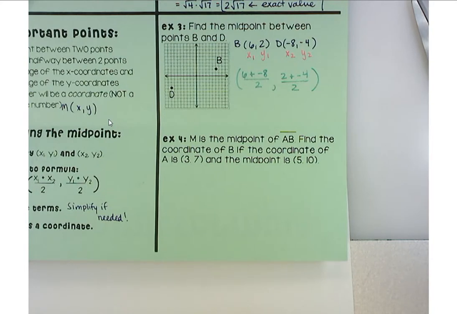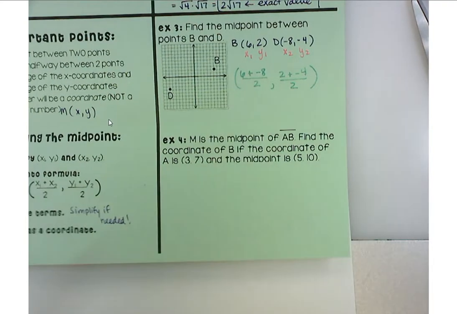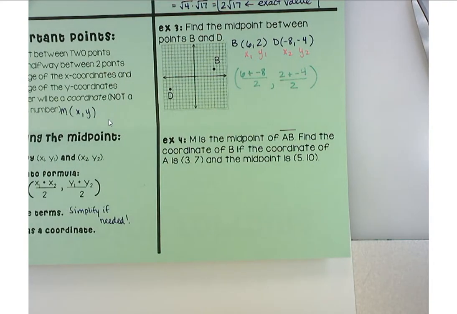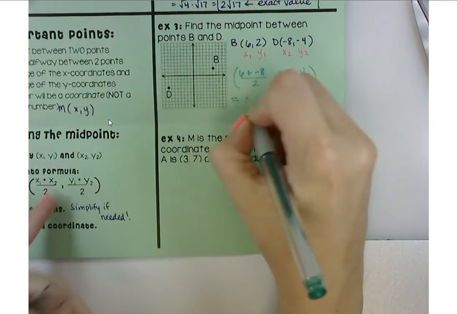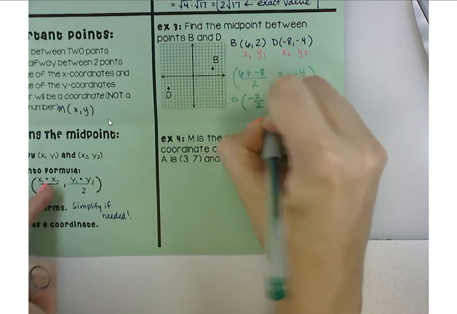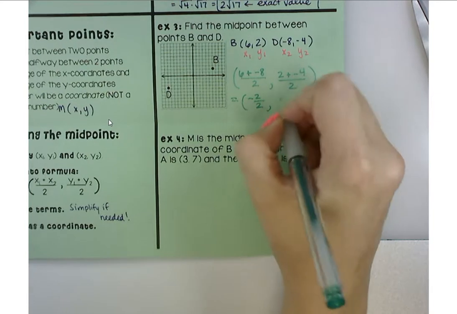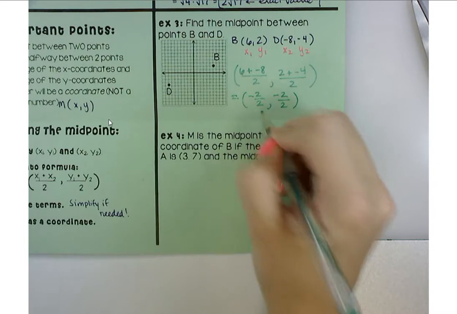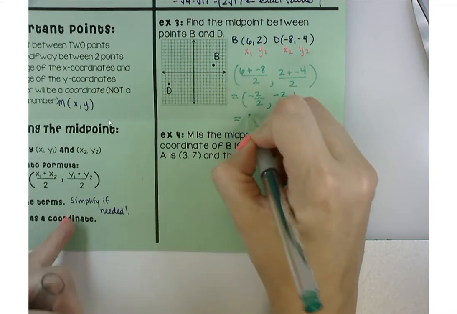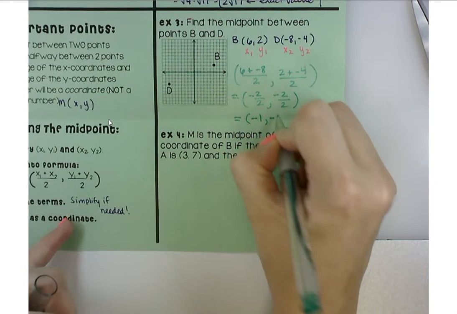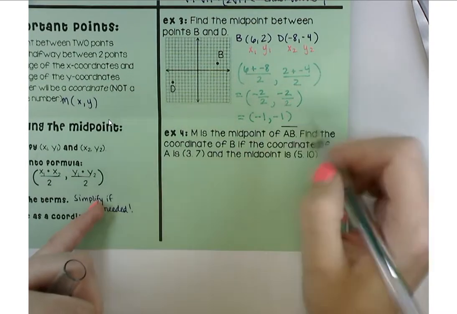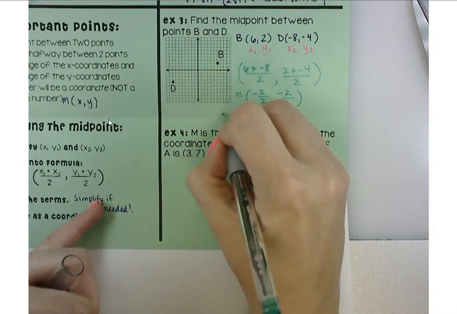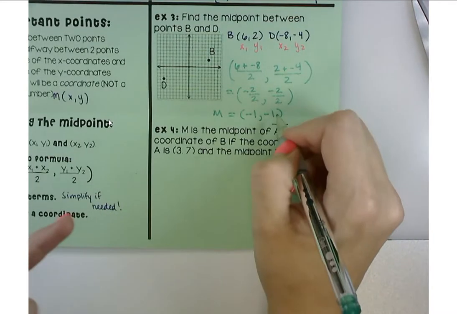So if you have negative 8 and you're adding 6, then that means you're still down 2, so it would be negative 2 over 2. And then 2 plus a negative 4 is negative 2. Negative 2 divided by 2 is negative 1. So negative 1. Okay, so this is your midpoint.